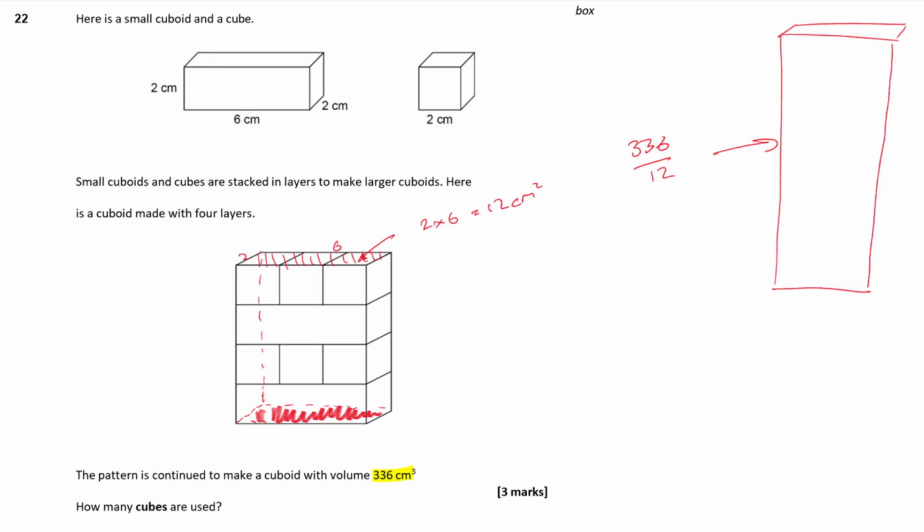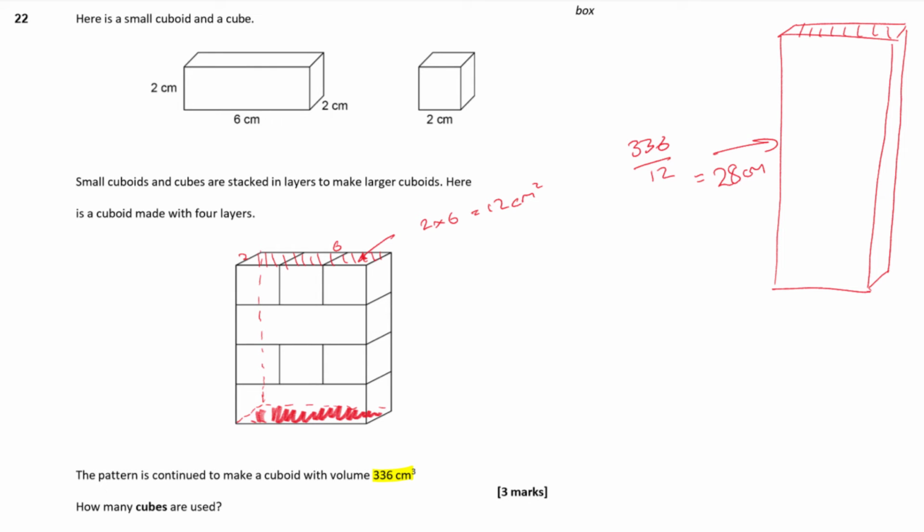Because the area is 12, and if the total volume is 336, then I'm going to get the height by dividing 336 by 12. So the height of this shape is 336 divided by 12. So the tall tower is 28 centimeters tall.